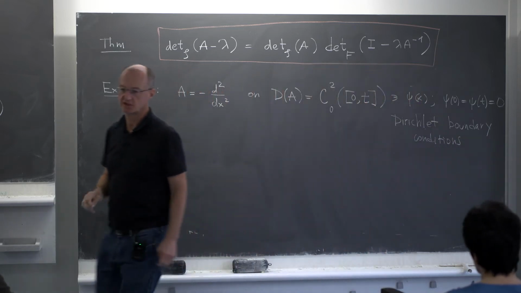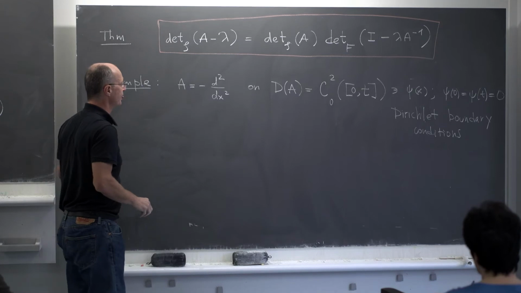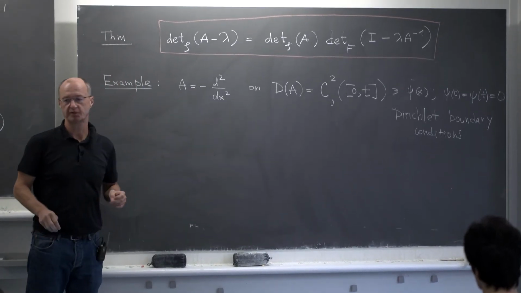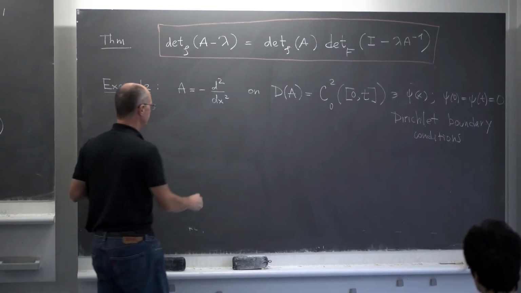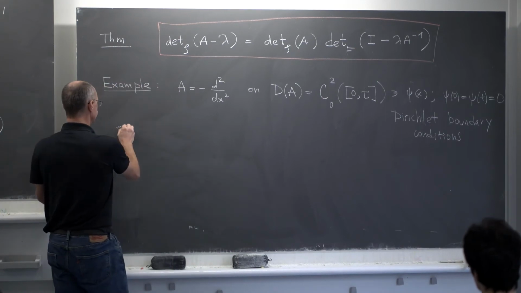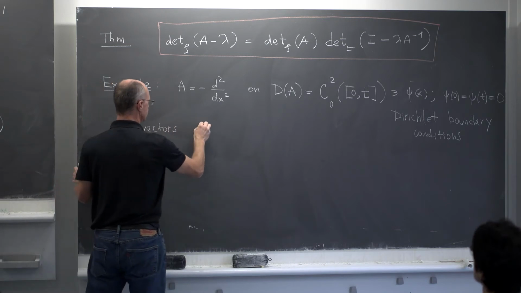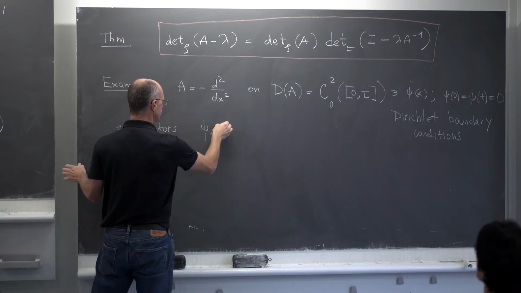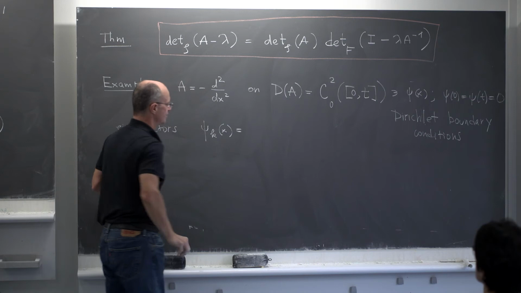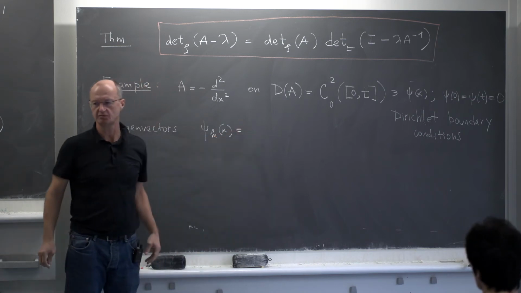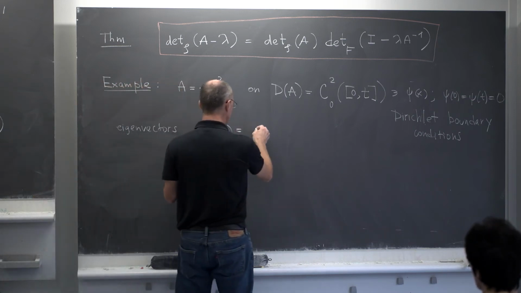So this operator is essentially self-adjoint, and there is a Hilbert basis of eigenvectors, let me call them psi k of x. I will not be normalizing them, but if you want, you can normalize them.